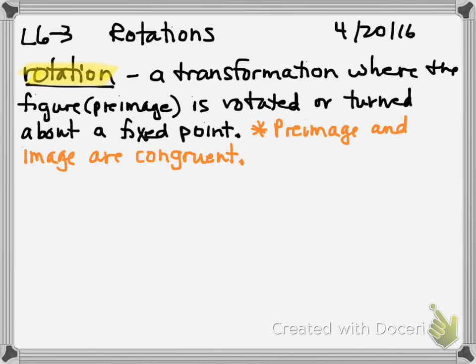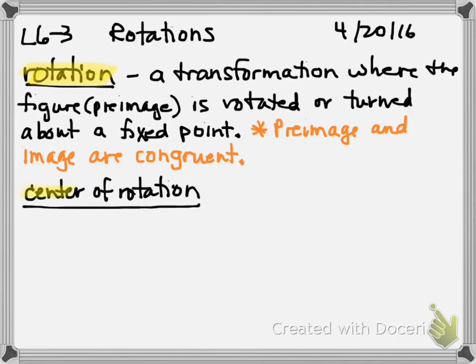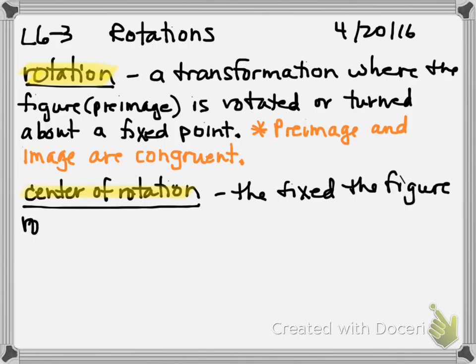So there's actually a name for that fixed point, and that fixed point is called the center of rotation. The center of rotation is the fixed point the figure rotates around.